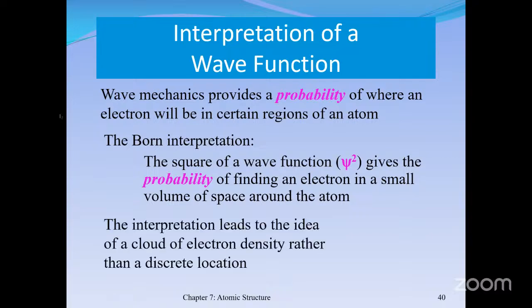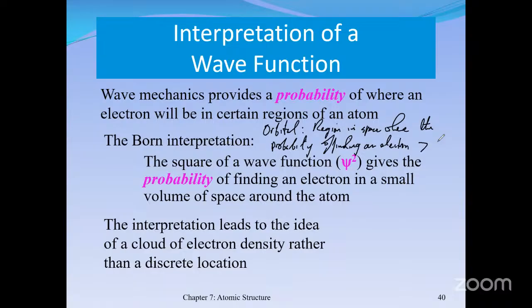Okay, so I'm going to give one definition of an orbital. An orbital is a region in space where the probability of finding an electron is greater than 90%.